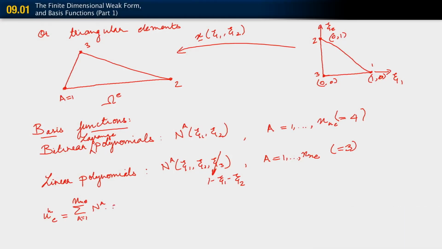So I'm just going to say it's NA times DAE. And for the weighting function, we have WH of E equals the same sort of expansion. We just need to remember that in the two cases, the number of nodes in the element could be different.